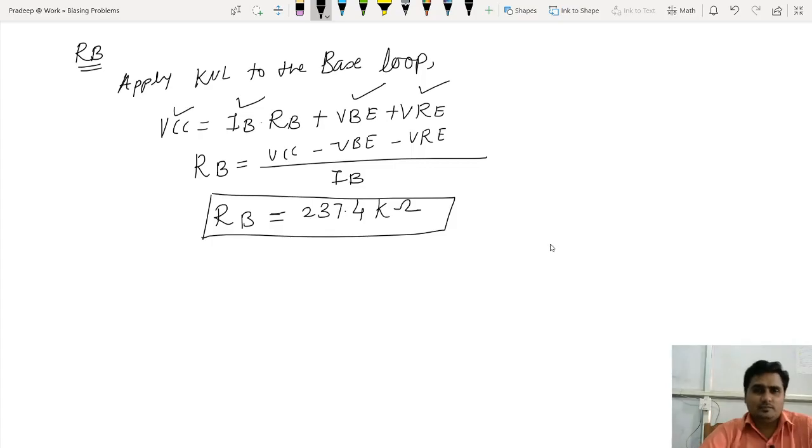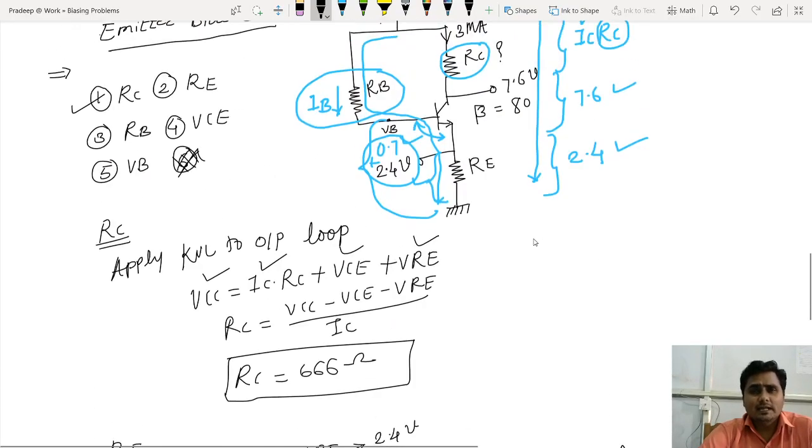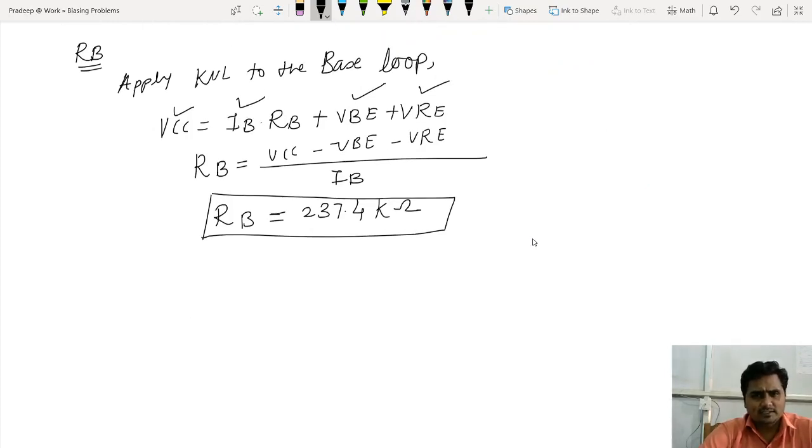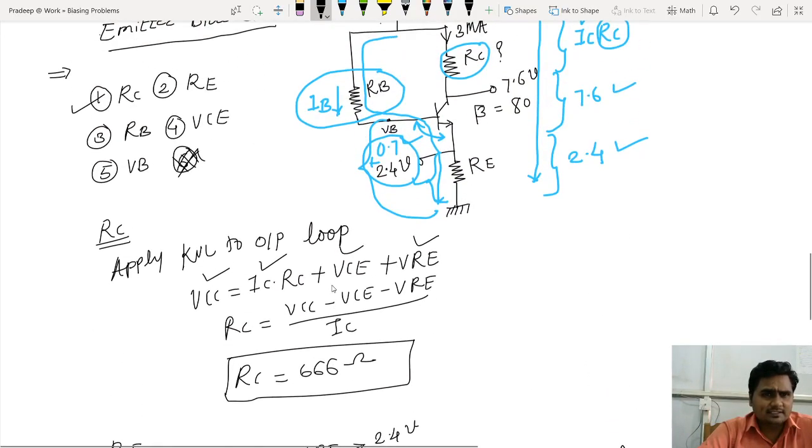No matter what the value is, this circuit we are not going to implement in the lab, so don't think about the value. It is 237, and generally the base resistor is always very large compared with the resistor at the collector. So the base resistor is always greater than the collector resistor that I have connected, and this is RB. It's all about RB, the third parameter.